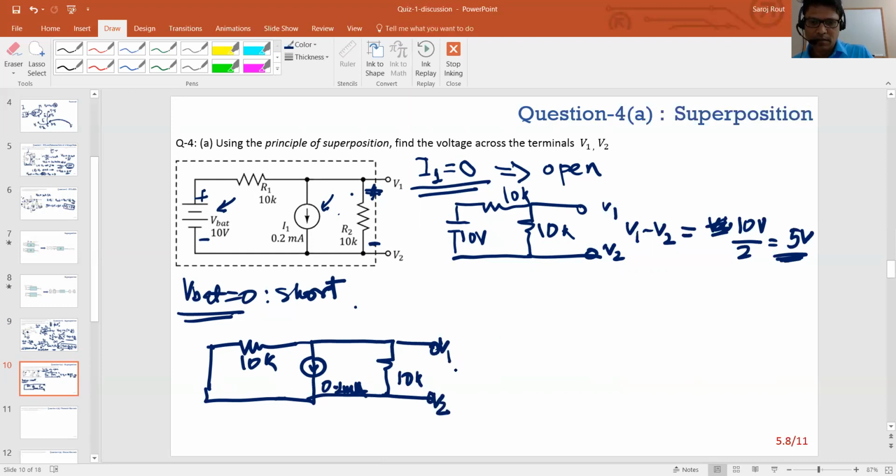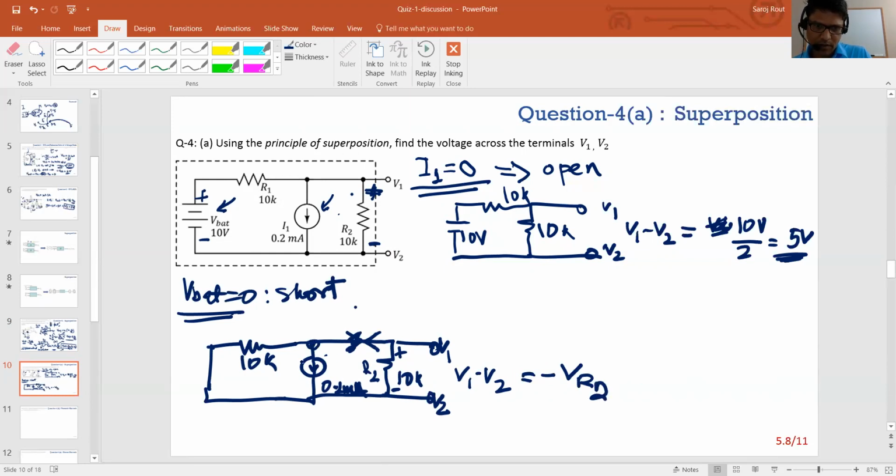I'll assume this polarity, and this V1 minus V2 is nothing but the voltage across this resistor here, which is R2, right? And the current is actually in the opposite direction here because this current is flowing down, which means that this is equal to minus VR2.